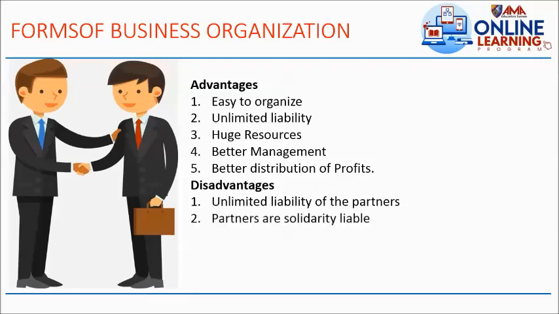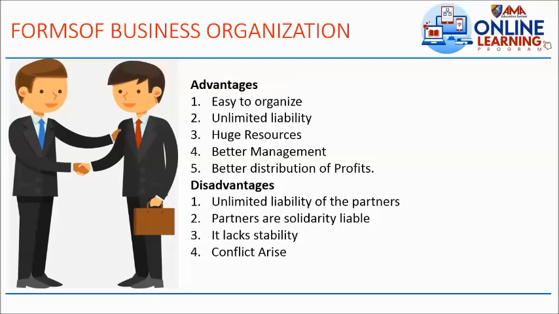Of course, if you are one of the partners of that business, when it incurs losses, the creditors can also call you so that they can be paid. Because they know you and they have a hold on you. Partners are solidarily liable. If, for example, one partner dies, you are affected too. That is the problem with partnership.